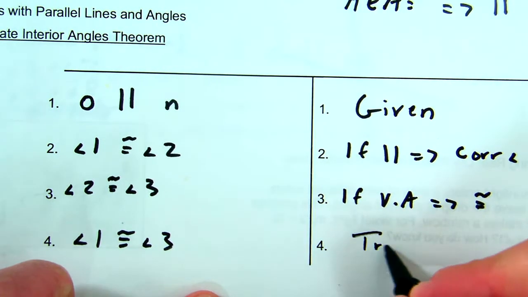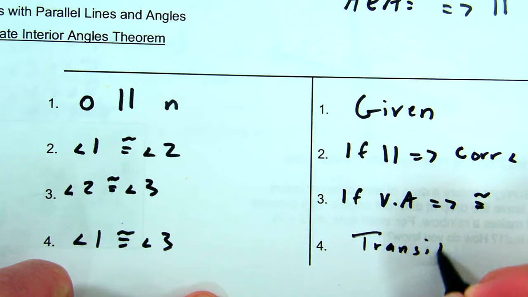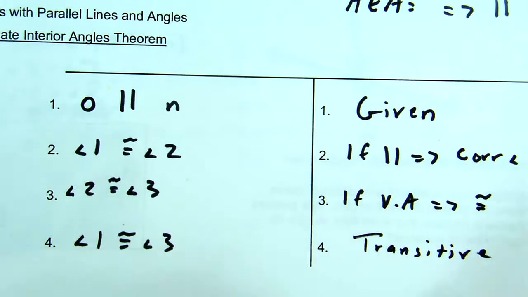That is the transitive property of equality. So now we've shown that angle 1 is congruent to angle 3. So we have proved that if you have parallel lines, then it must be true that alternate interior angles are indeed congruent. Are there any questions?